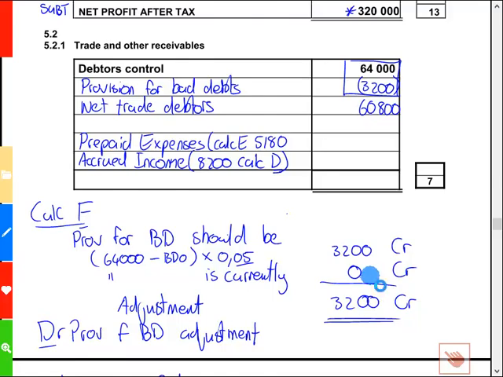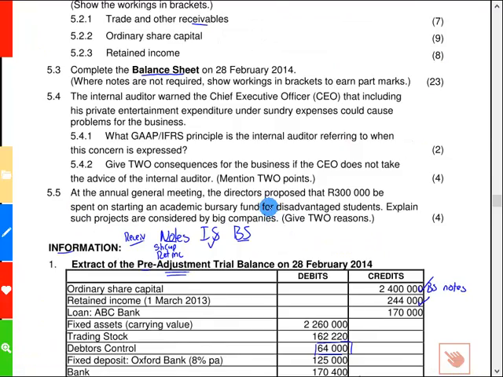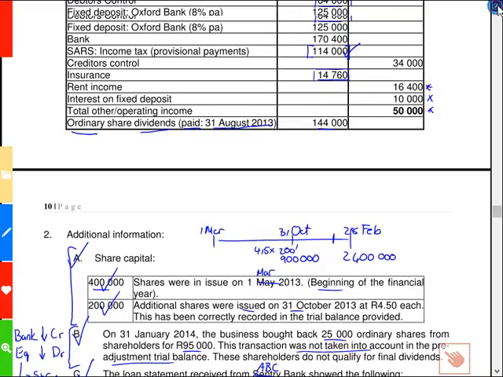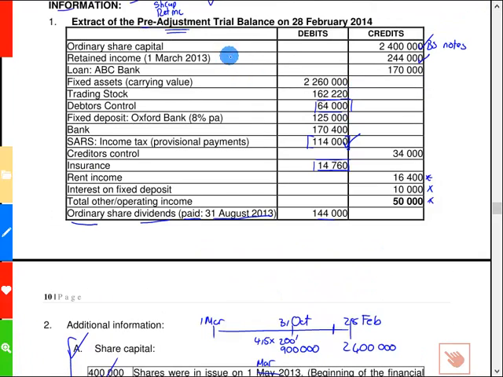And we can see that, because if you look at your pre-adjustment trial balance, you don't see any amount for audit fees. We know this is just an extract of the pre-adjustment trial balance, but even if you had the full one, you probably wouldn't have seen an amount for audit fees. So we need to accrue for those audit fees.